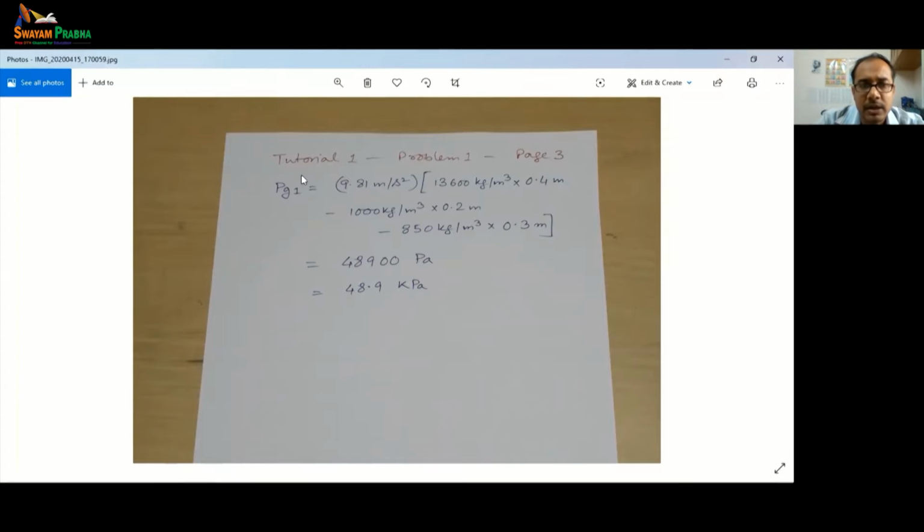The gauge pressure of the entrapped air is 48.9 kilopascal, and for the absolute pressure you have to add the atmospheric pressure on top of that. So that will be approximately 1.5 bar.